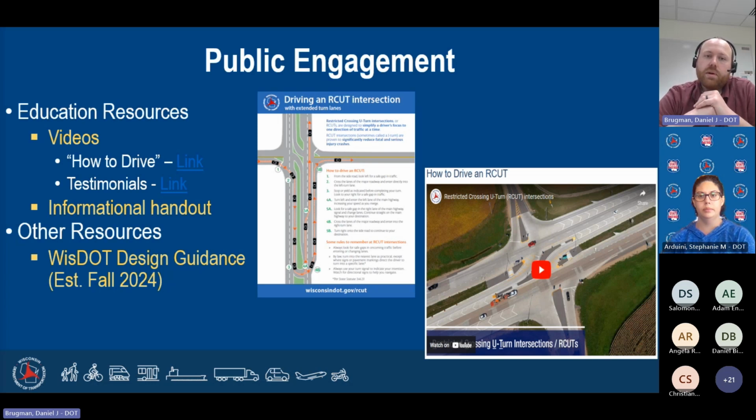Another thing that we learned from our partners to the west, Minnesota, is that they recently finished a research project about how to present some of these non-traditional traffic safety solutions within the public involvement process.